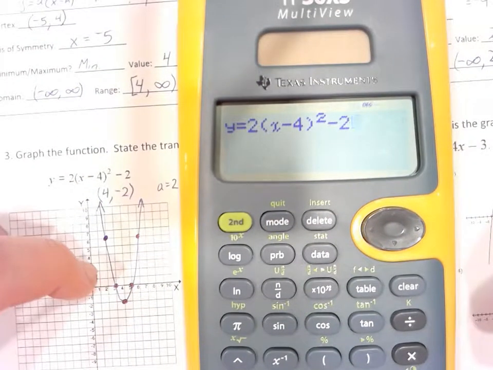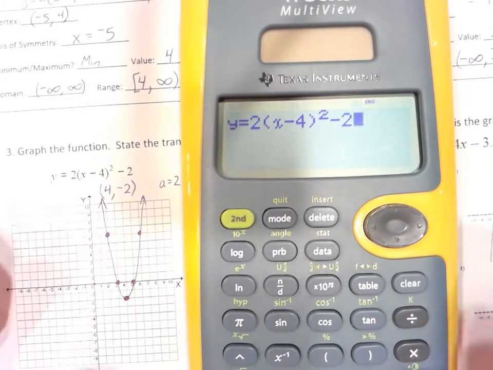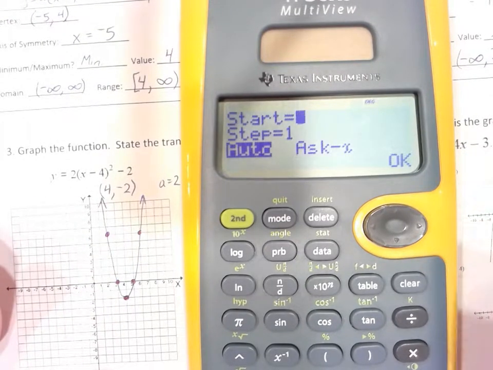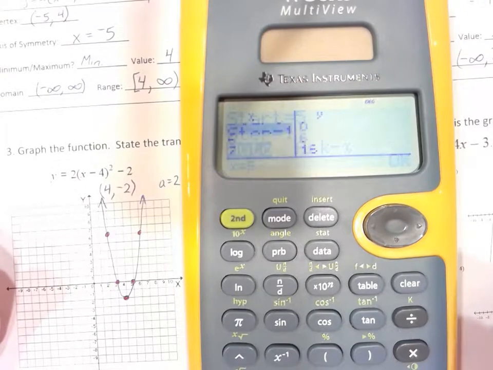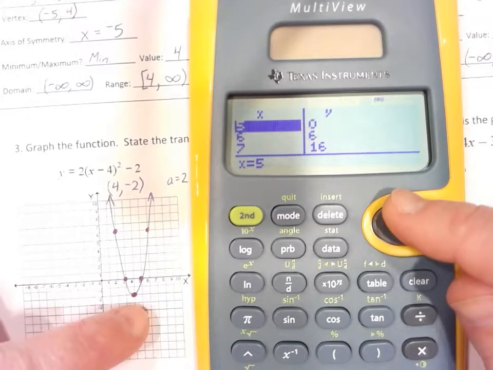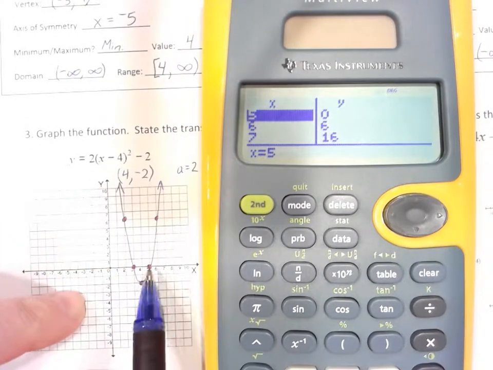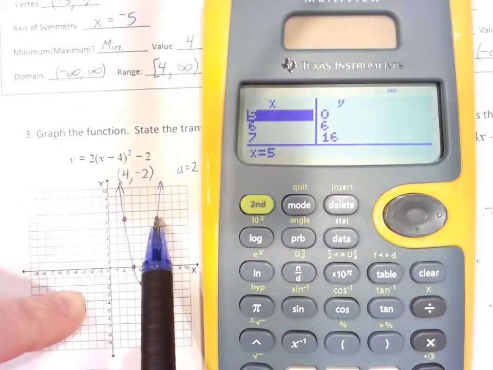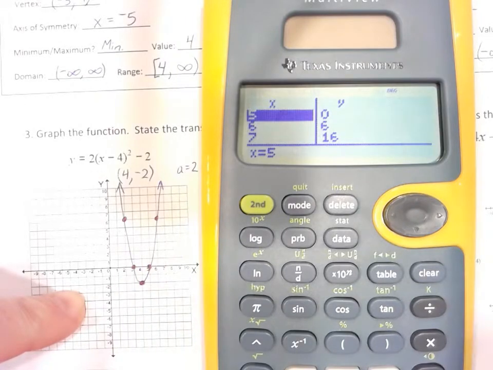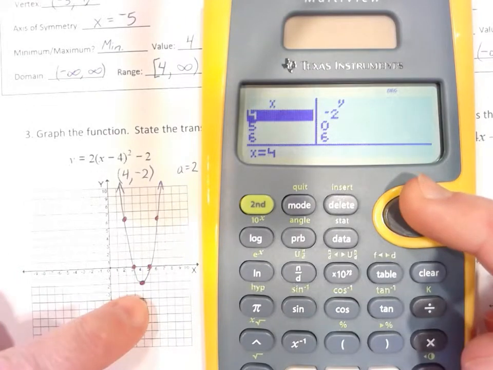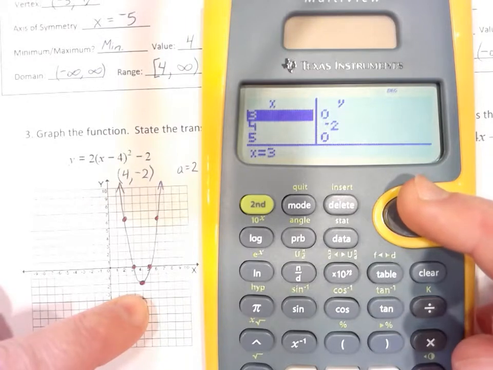Okay, so when I hit enter a few more times, I see 5, 0 should be a point on my graph, 6, 6 is a point on the graph, 7, 16 is off the graph. If I come the other way, I see 4, negative 2, and 3, 0.